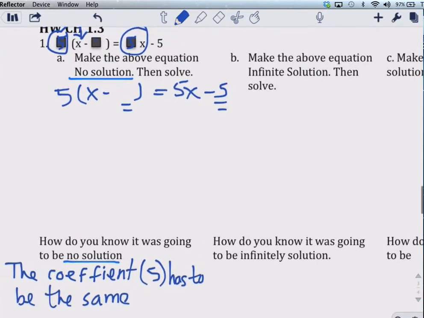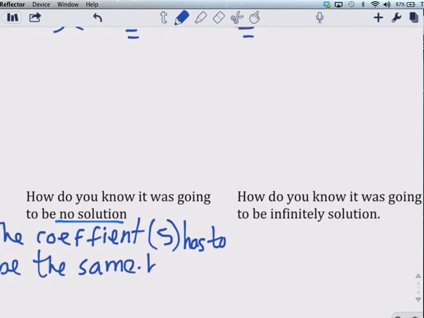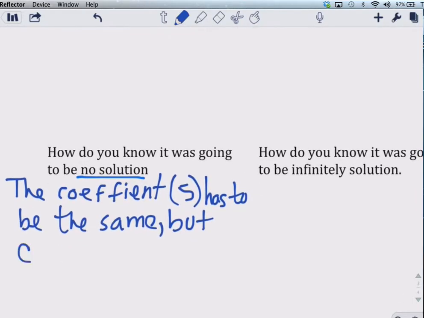But the constant, this number is called the constant right here, can be different. These are vocabulary words you need to use tomorrow. The constant can be different.